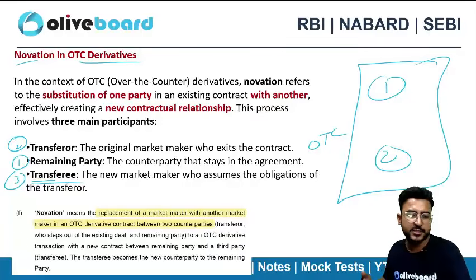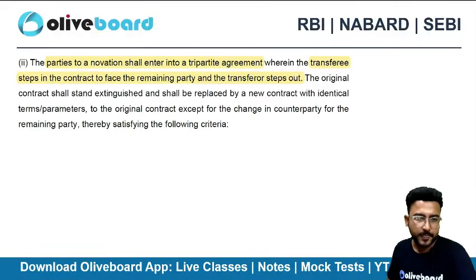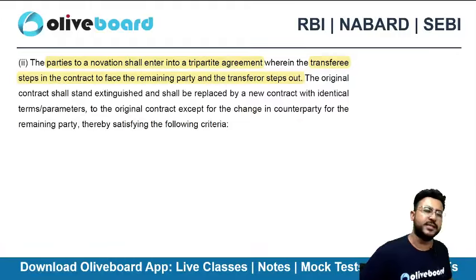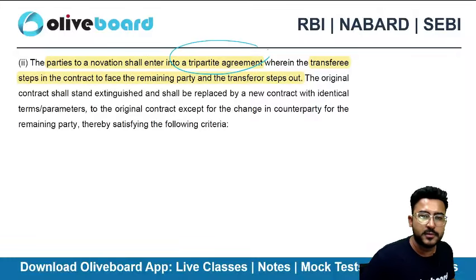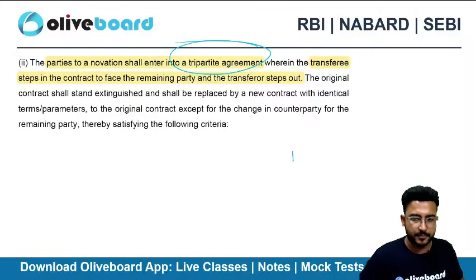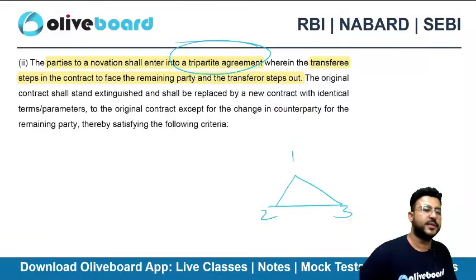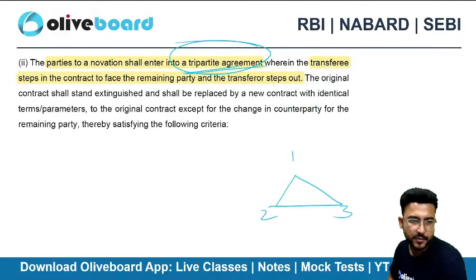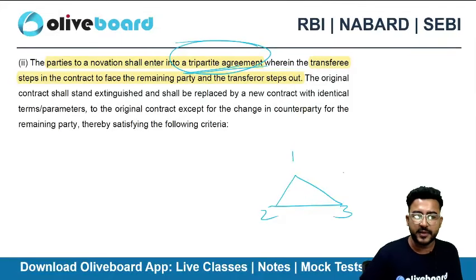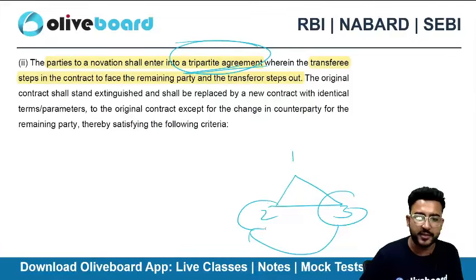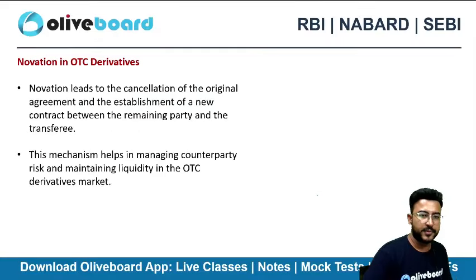Now, because there are three parties, there needs to be a triple agreement, right? That's why we call it a tripartite agreement, where the transferee steps into the contract and the transferor is going out of the contract, right?